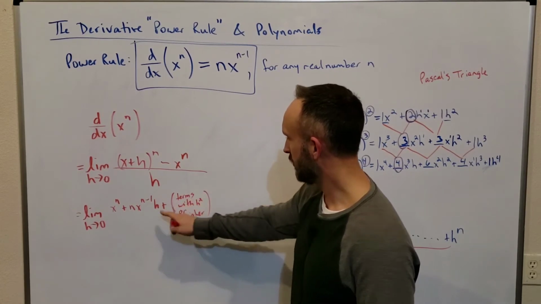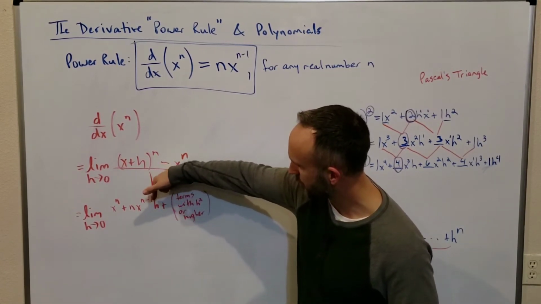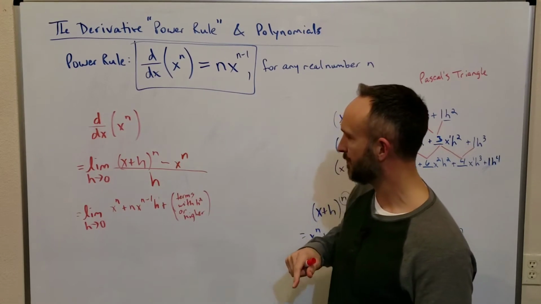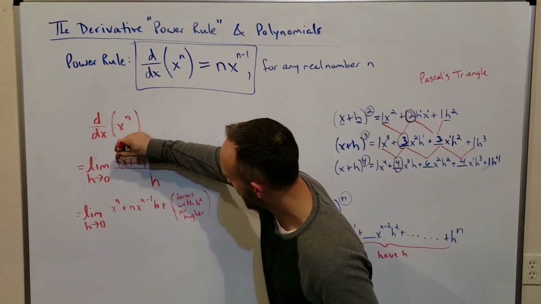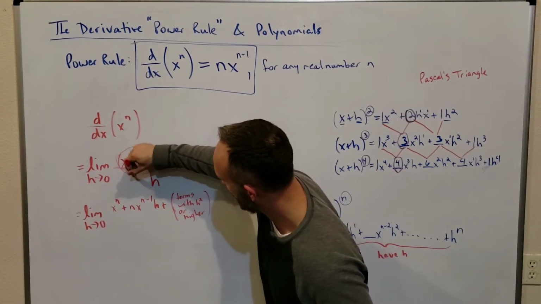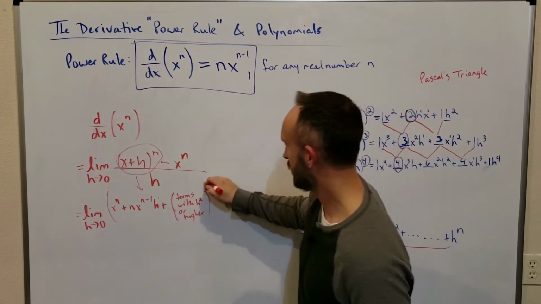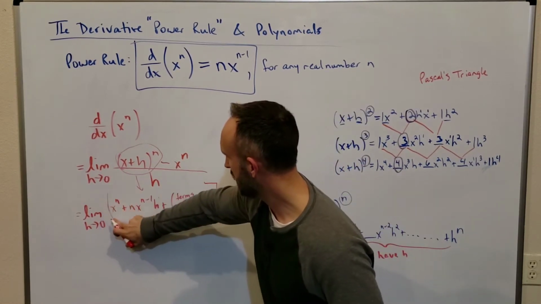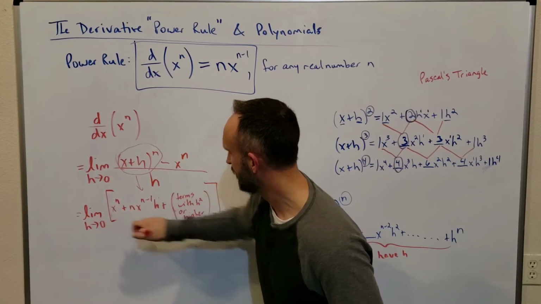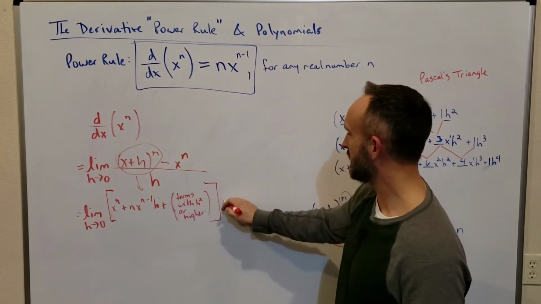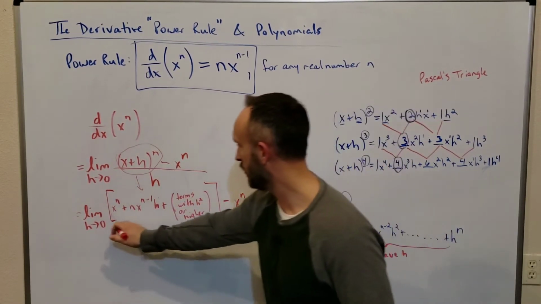Okay? So this is h to the first. Every time I go to the right, the power of h is going to go up. So that's this guy here. That's the x plus h to the n, right? Let's use brackets there. That's my x plus h to the n power. And then I still have to subtract x to the n. And that's all over h.